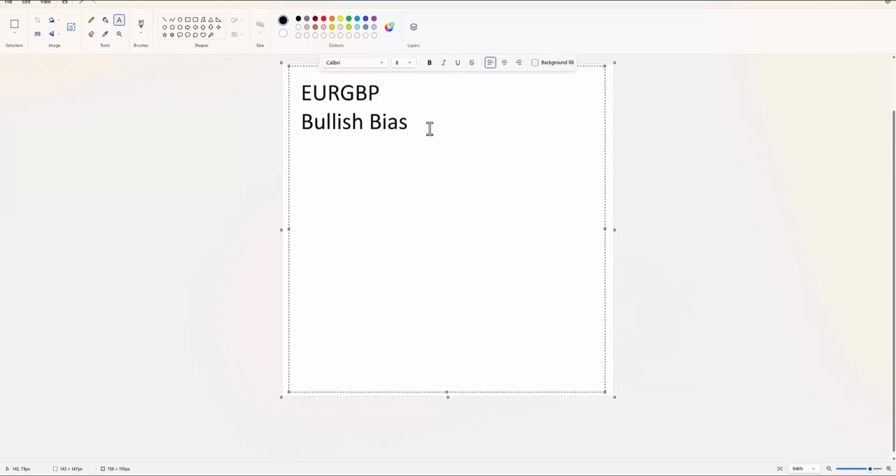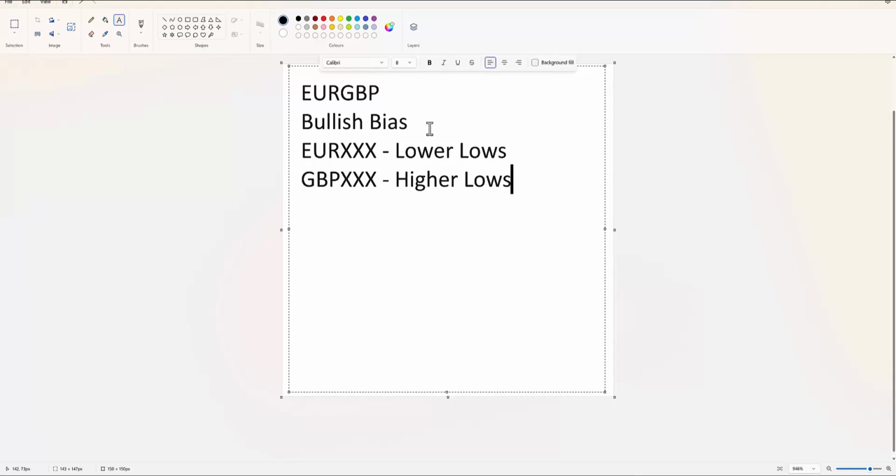So for a bullish bias on Euro GBP, you focus on euro pairs and also pound pairs, right? So what you need to see for a bullish bias on Euro GBP, at a time when euro pairs, say Euro USD, is forming lower lows, you need to see pound pairs forming higher lows.